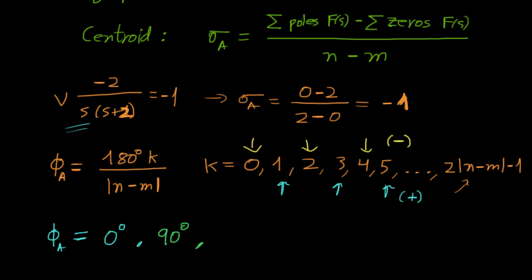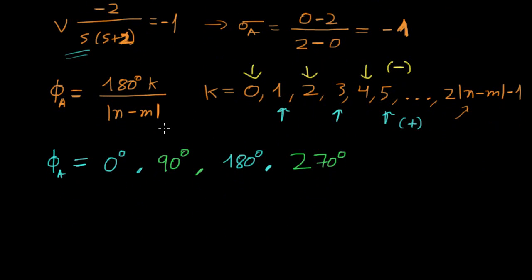For k equal to 2 we get 180 times 2 over 2, that's 180 degrees. And for k equal to 3 we get 270 degrees. And we don't need to calculate any more angles, because we know that there are 2 asymptotes for the positive root locus, this one and this one, and 2 asymptotes for the negative root locus.